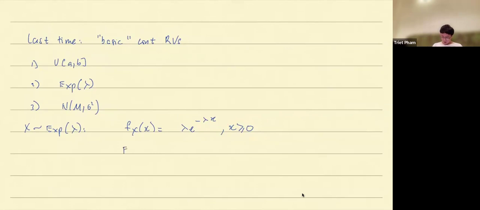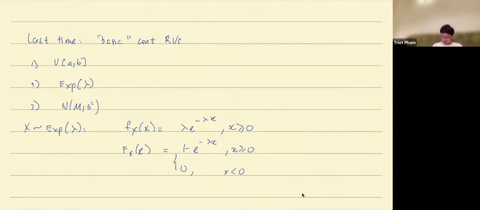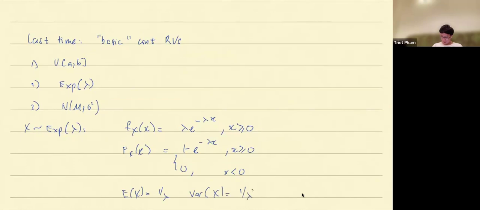The CDF will be 1 minus e to the minus lambda x, and it is 0 if x is negative. The expectation is 1 over lambda. The variance is 1 over lambda squared.